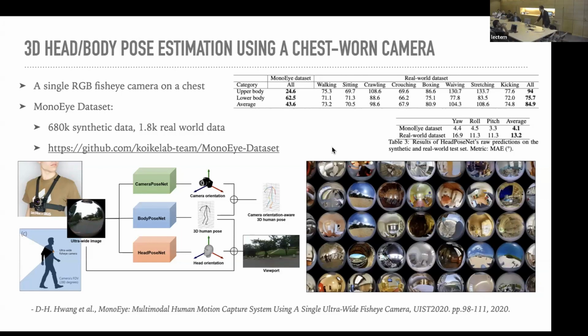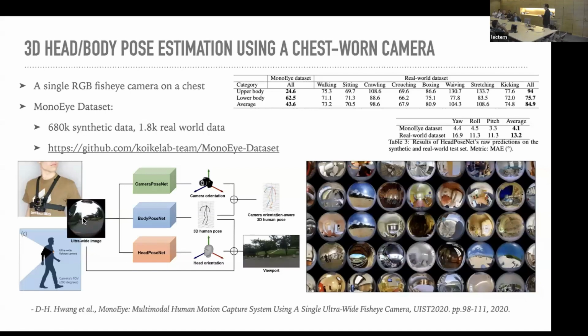So we designed very small cameras which attach to our chest. We just use one camera on the chest to capture the motions and also the direction of the head, not the gaze, the direction of the head. So here are images from the cameras.